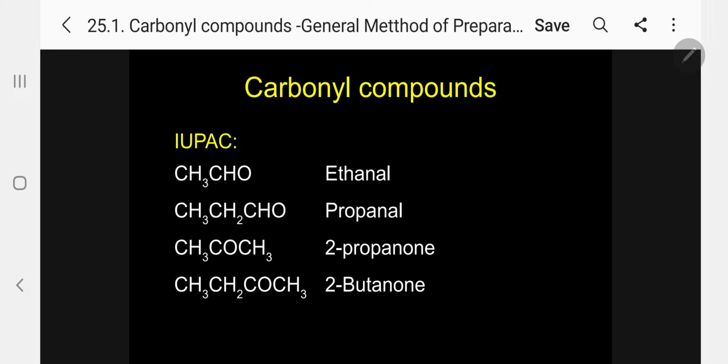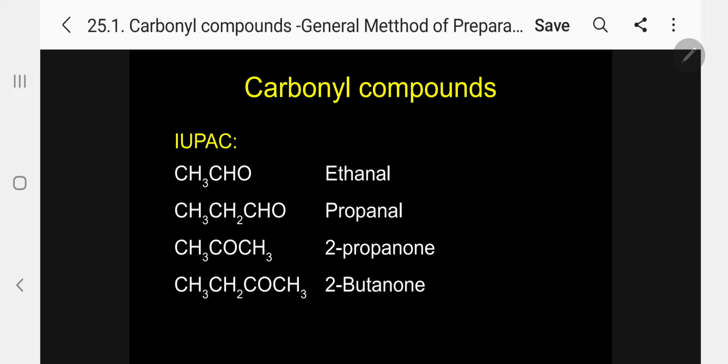So primary, secondary, tertiary will not come here. This is the most important information. We use the terms primary, secondary and tertiary only for monovalent functional groups that do not contain carbon. There only positional isomerism is possible, so based on that we can give primary, secondary and tertiary.